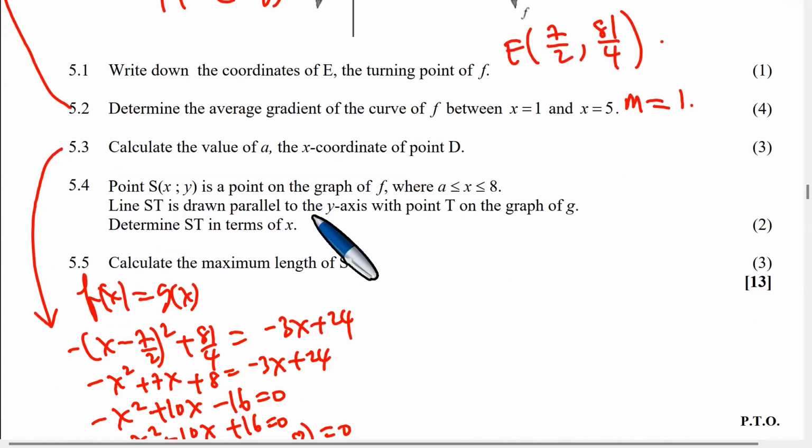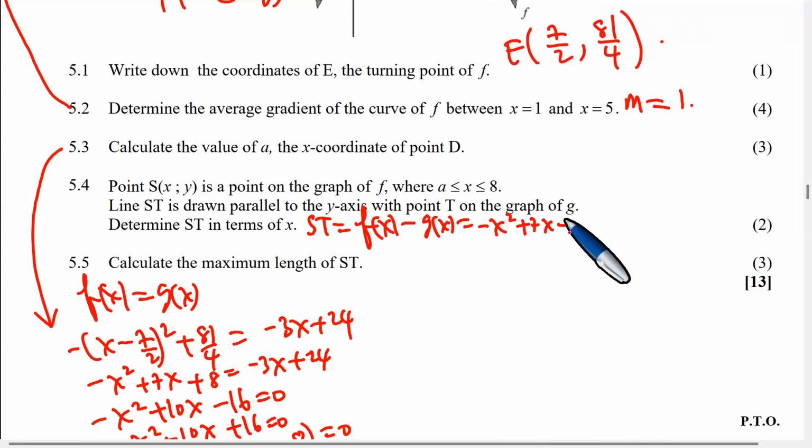So we have ST. To find ST, you must subtract the two graphs. Which is minus x squared plus 7x plus 8 minus, in brackets, minus 3x plus 24.